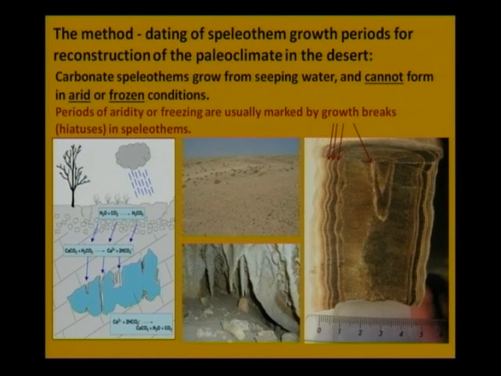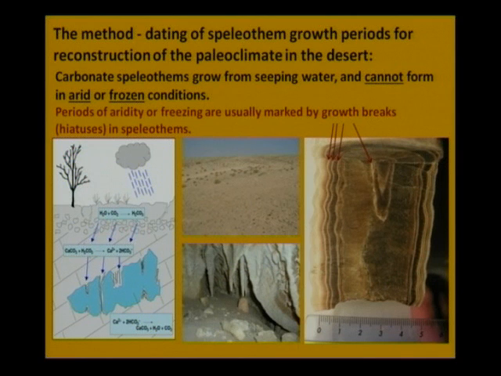You need to have precipitation, rain or snow melt above the cave, that infiltrates through the soil and through the lithology below. So what happens with the water: it picks up CO2 in the soil and reacts with it, creating carbonic acid that starts to dissolve the lithology below.